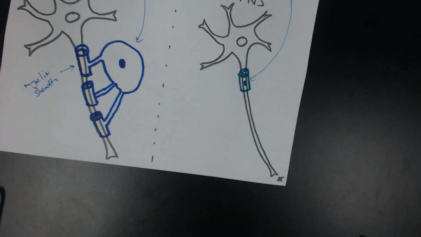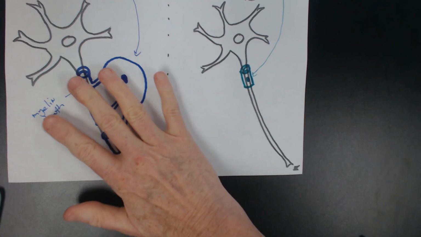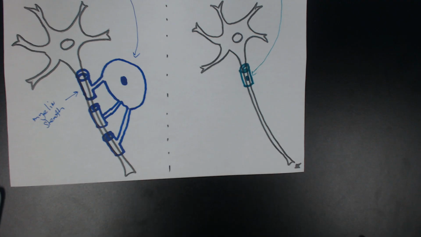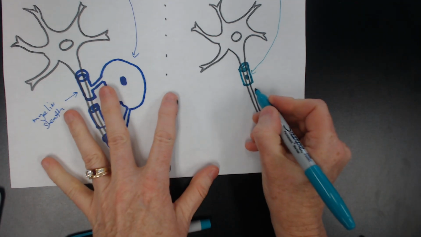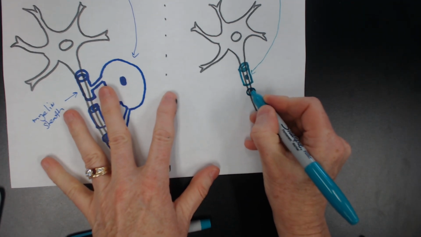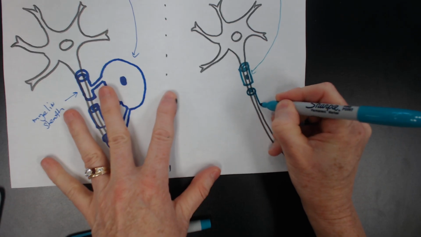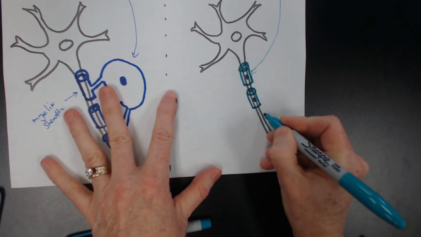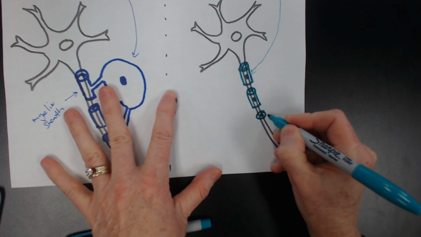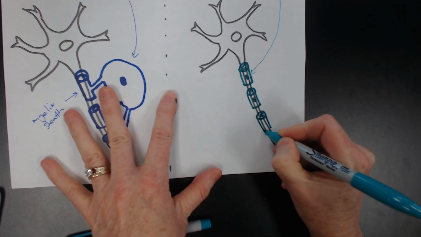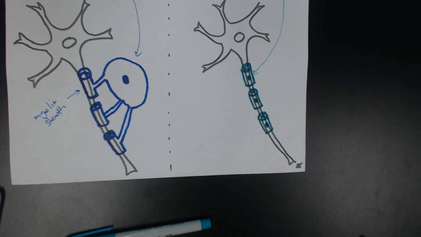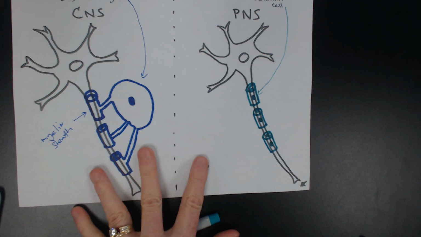Here, one oligodendrocyte could wrap 3 different areas of the axon. To wrap 3 different areas of this axon in the PNS, you actually need 3 different Schwann cells. Everybody see that? Everybody see the difference?